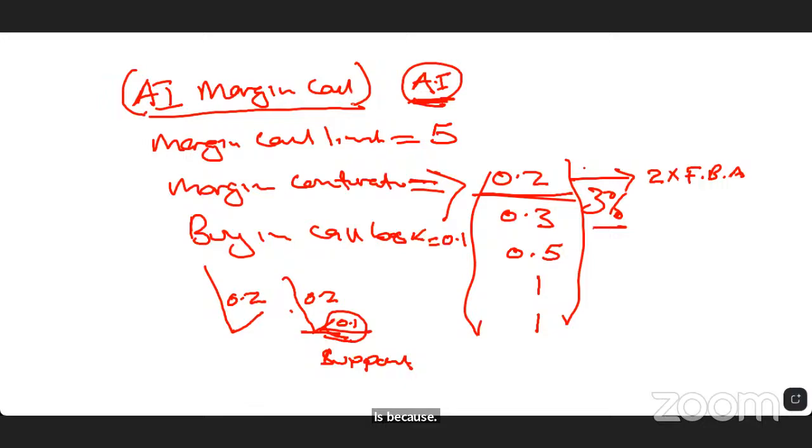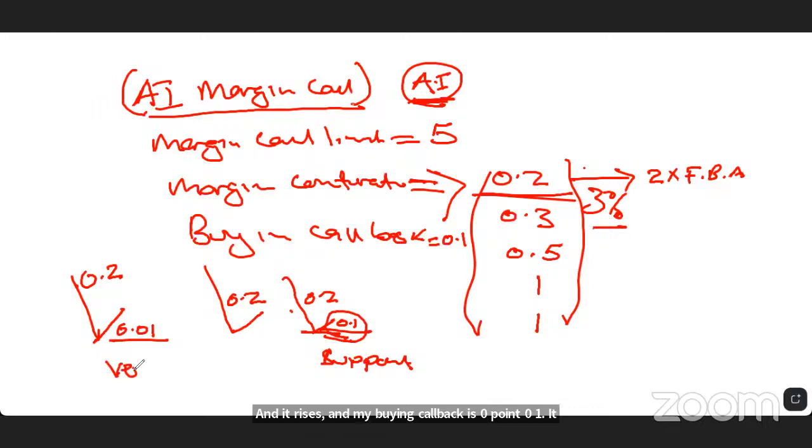Just understand what buy-in callback is. You know me, I don't like these questions. Let me just explain the buy-in callback. If the market drops by 0.2 and it rises and my buy-in callback is 0.01, it means I want my robot to buy very fast.